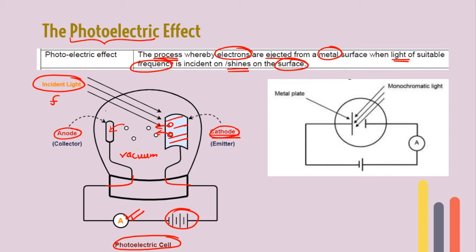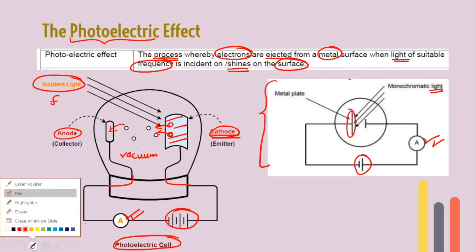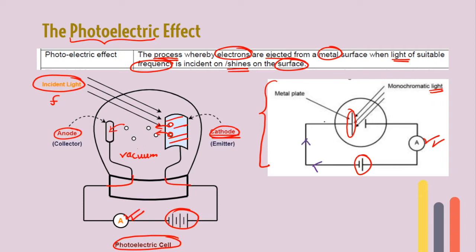Except I do think it might be happening in the wrong direction, because if you look at this, which is from a past paper, you will see we have exactly the same setup. We have our battery or cell, we have an ammeter, we have light that is shining on one of the electrodes. Basically what is happening here, so I prefer this image, is electrons will move provided that the circuit is complete.